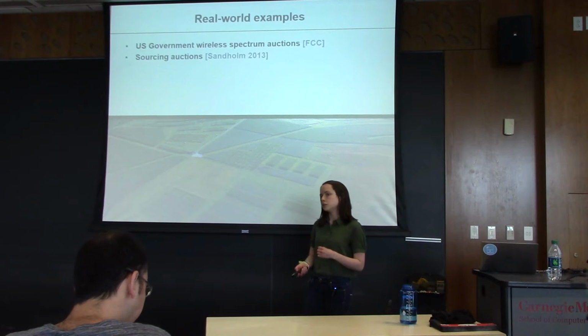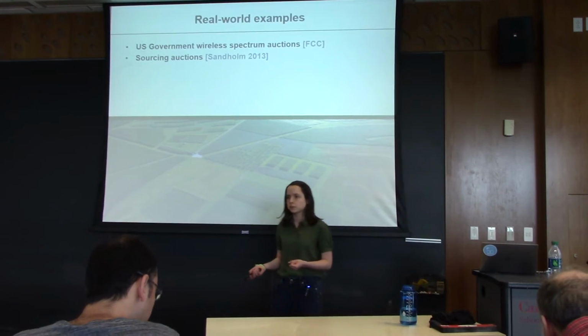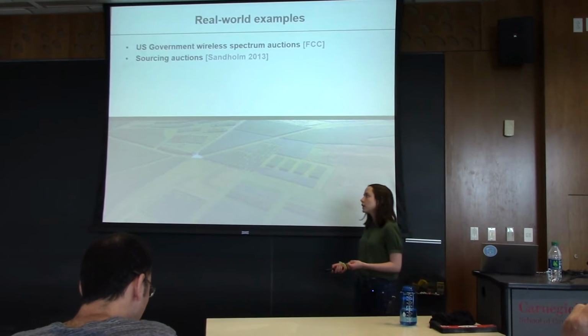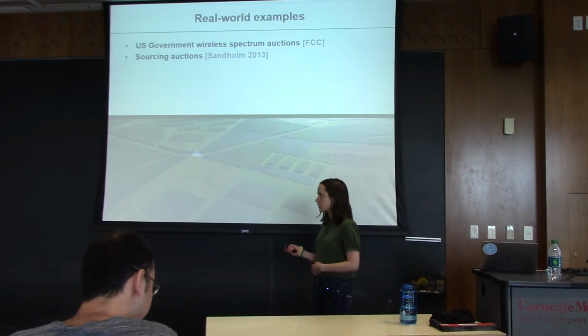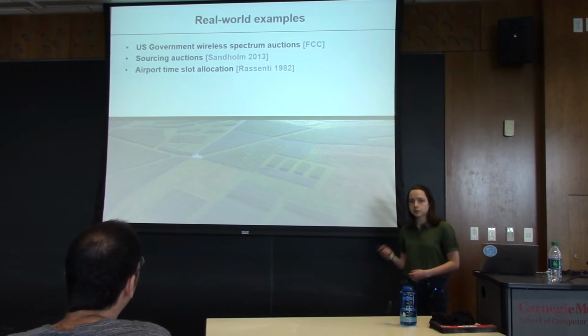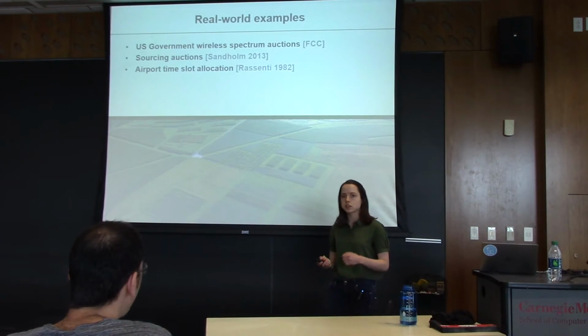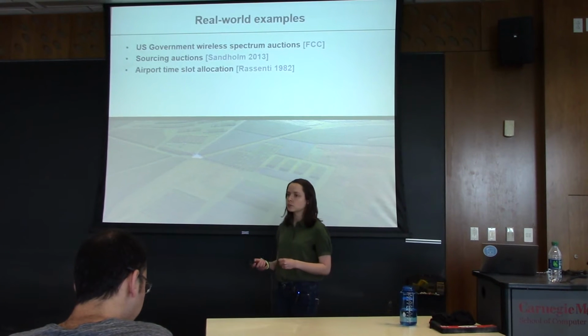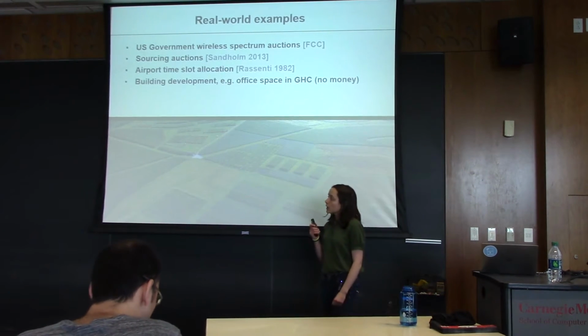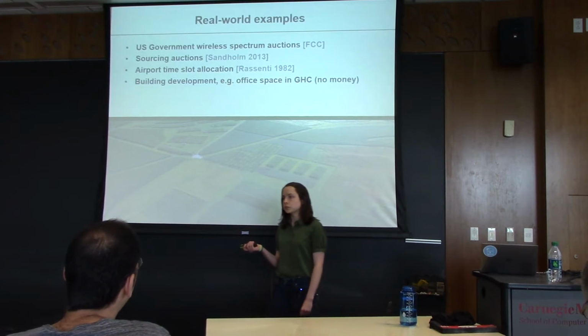Combinatorial auctions have been used in the sourcing domain. For example, Tuomas Sandholm, one of my collaborators, has fielded combinatorial auctions for sourcing. One of the first proposed applications of combinatorial auctions was for airport time slot allocation. And combinatorial auctions are natural for building development.